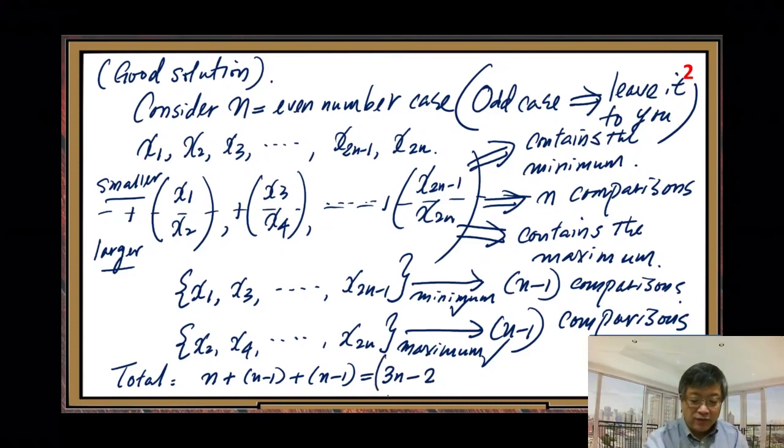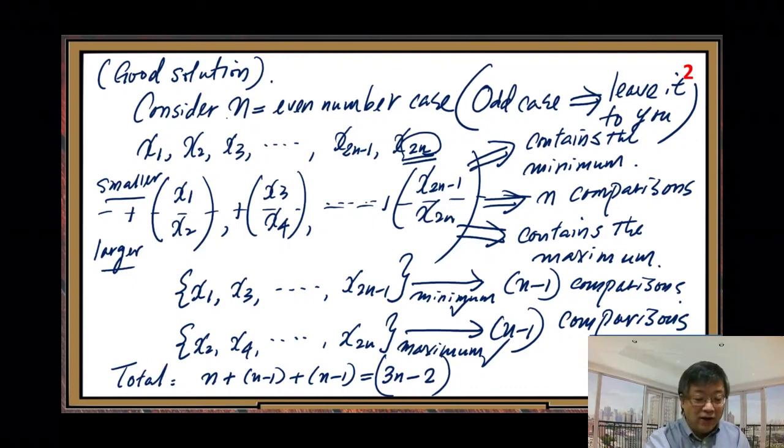3n minus 2. But remember, the total number of elements equals an even number 2n, not n. Or you can call it 2k. But this n is not the original n.